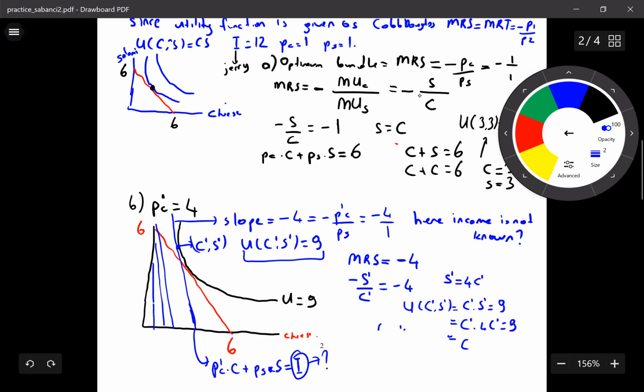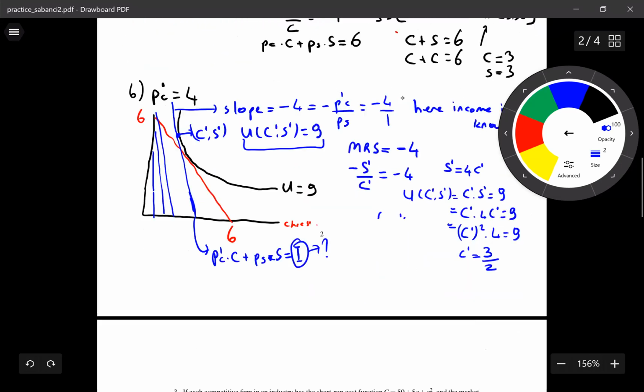Then C prime squared times 4 is equal to 9. If I do the math, dividing 9 by 4 and taking the square root, C prime is equal to 3 over 2. Then S prime will be 4 times C prime, 4 times 3 over 2, which is 6.